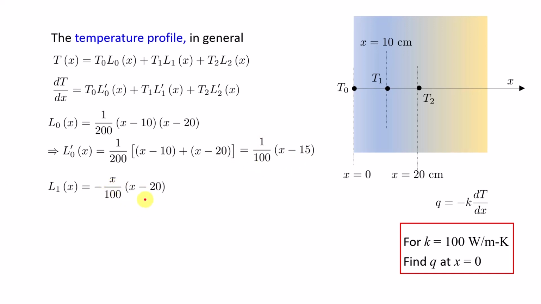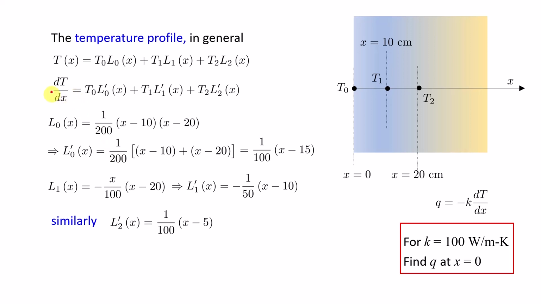Similarly, I take L1(x), that is minus x/100 times (x minus 20), and its derivative gives us minus 1/50 (x minus 10), because the derivative of x square minus 20x is 2x minus 20, then the 2 cancels and 100 becomes 50. Similarly, L2 prime (x) will be 1/100 (x minus 5).